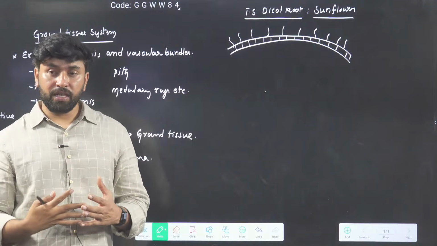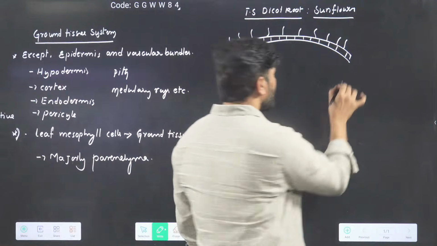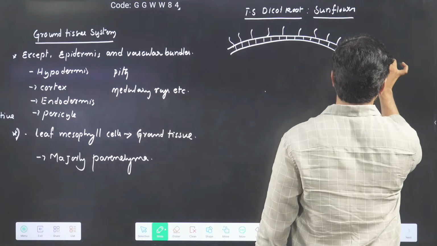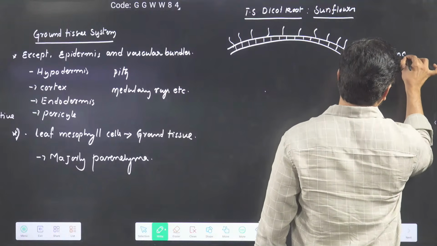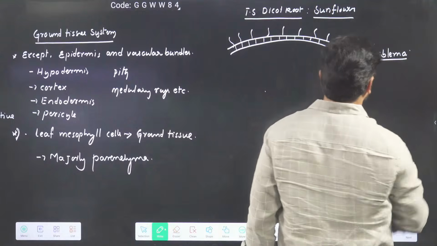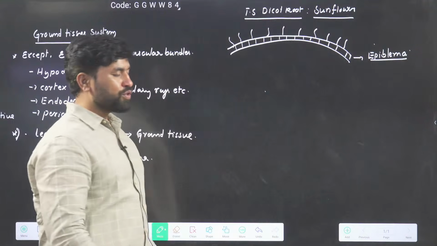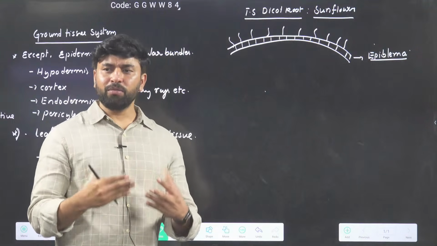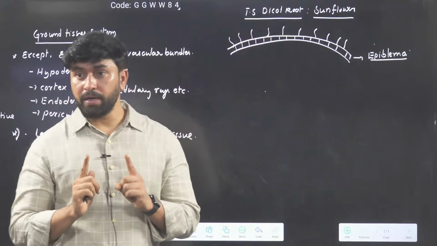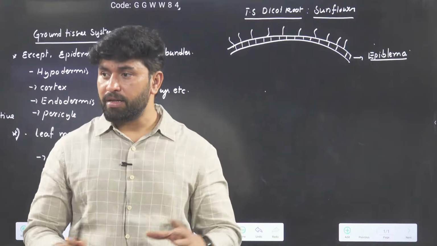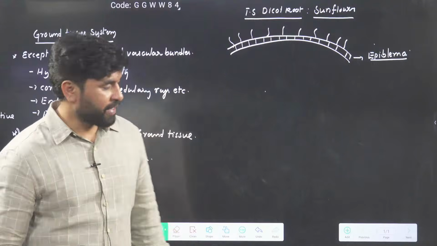No. Since it is not covered by cuticle, you can call it epiblema. What? Epiblema. That means it is a layer which should be noticed as outermost layer of a root. Okay, only root epidermis is known as epiblema. Other than that, no.